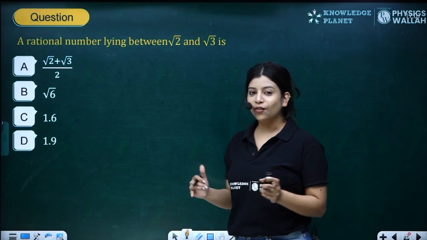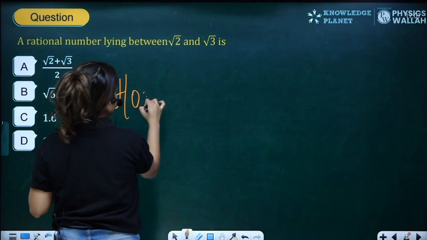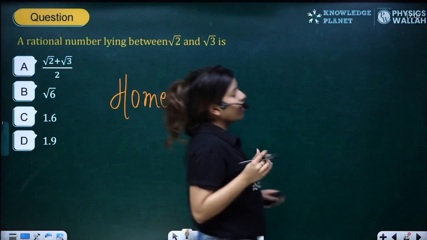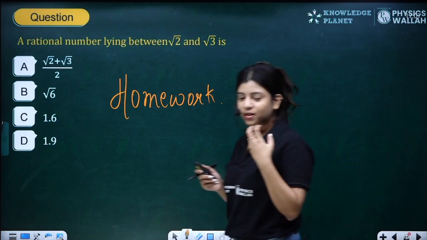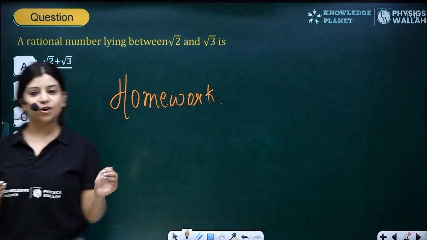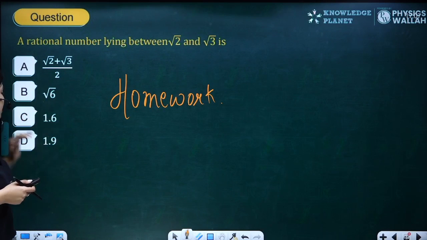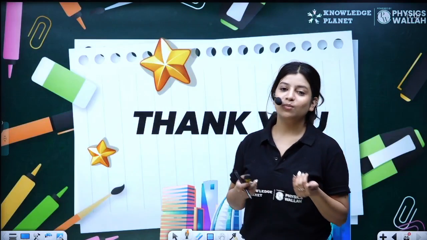Out of these 4 options, I would love if you can get the answer in the comment section down, so that I can give you this question as a homework question. Try to apply some brains, try to get the approximate value, right? And just apply it. Will you get the answer or not? Whether it be root 2 plus root 3 by 2, whether it be root 6, 1.6, 1.9, you can actually calculate the approximate value for 1.6 as well.